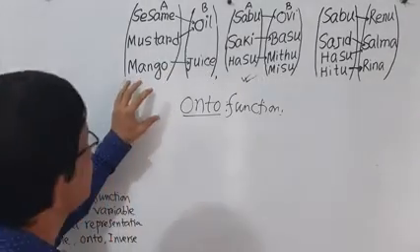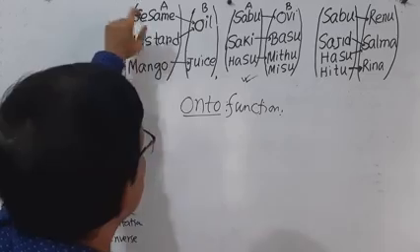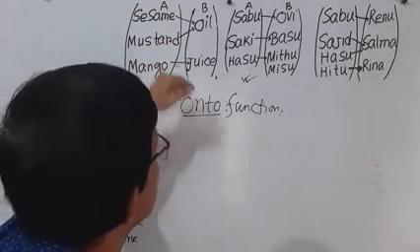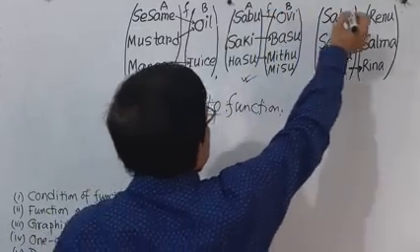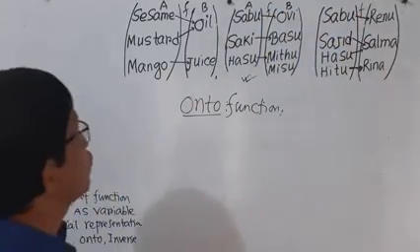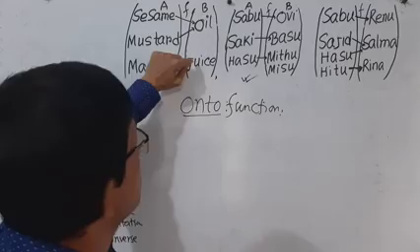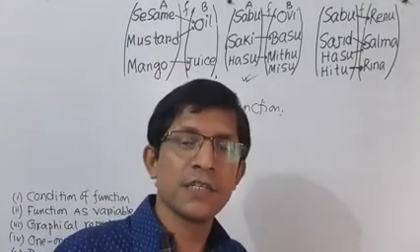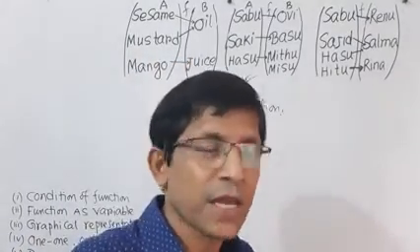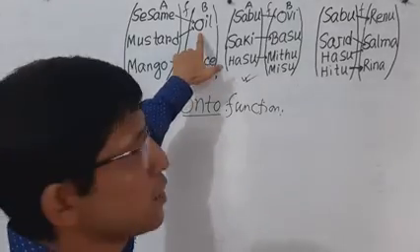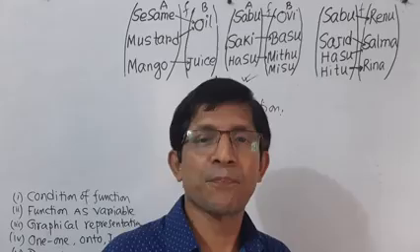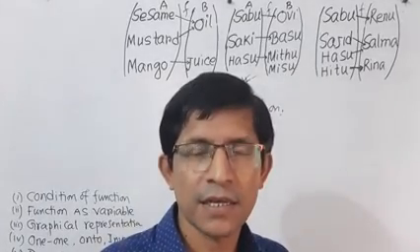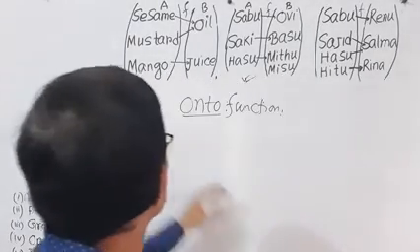On the other hand, if you see here, you put things into a machine. This is a function, this is a function, this is a function. If you put sesame into a machine, it will process the sesame and you can get oil. Mustard can be processed by the machine and you can get oil.